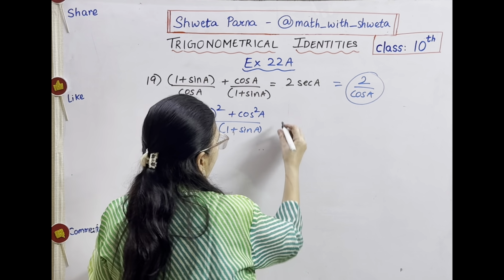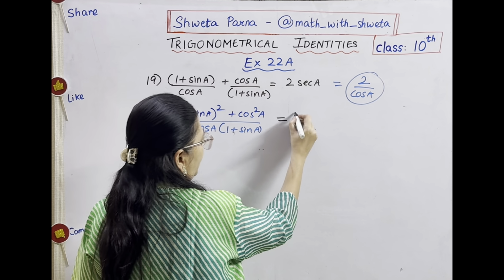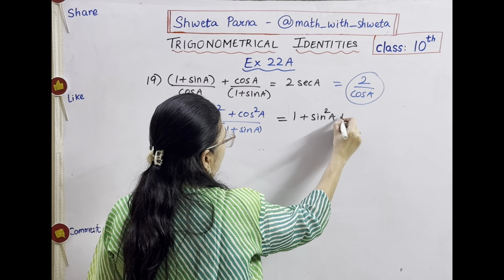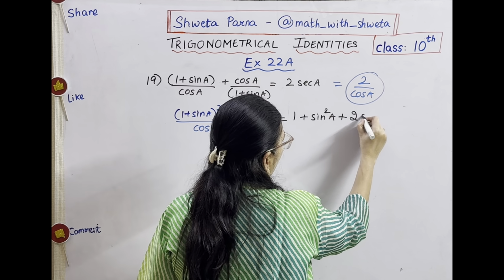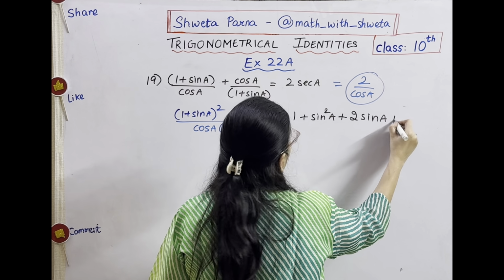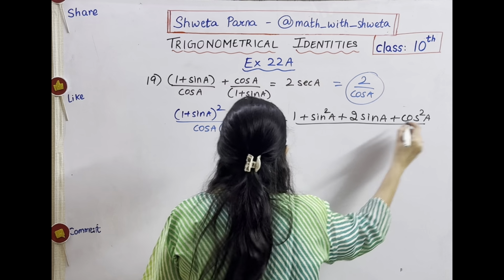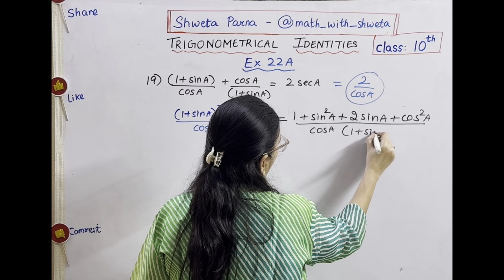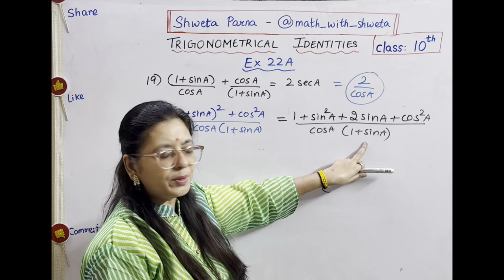Now after that, open the bracket. You will get, what is A plus B the whole square? A square plus B square plus 2 into A into B, which is 2 sin A plus cos square A the whole upon cos A into 1 plus sin A. Now see, I want down cos A. This has to be removed.